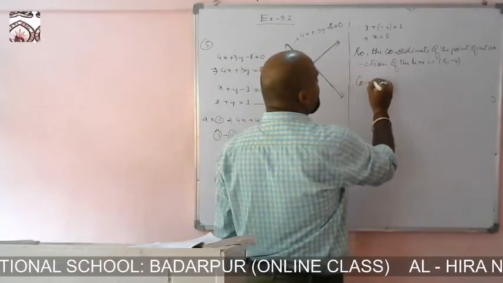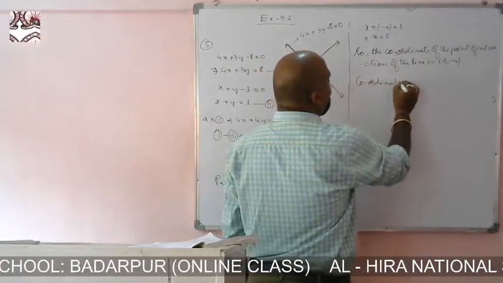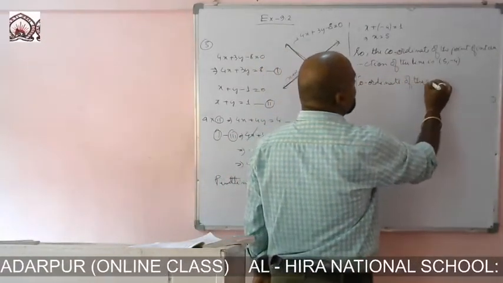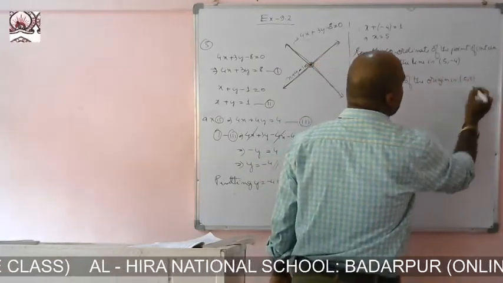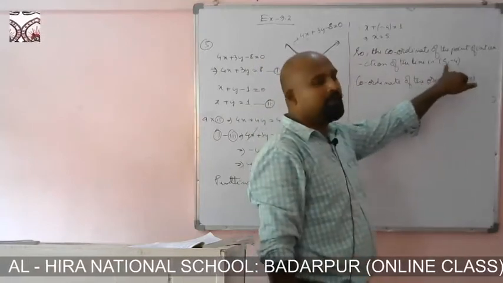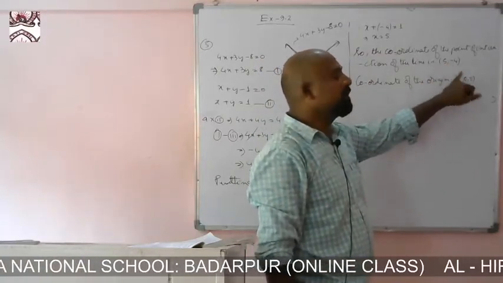And the coordinate of the origin is 0 comma 0. Now we have found the two points given to us.